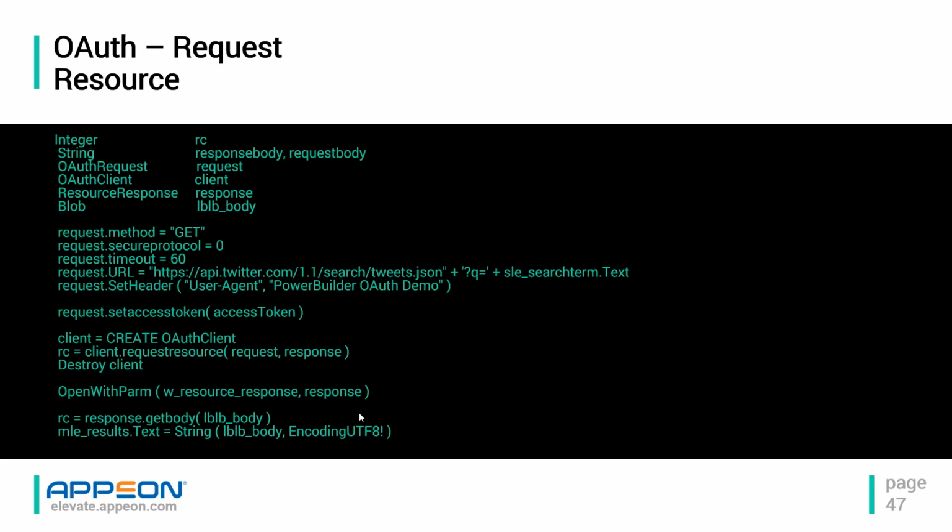So when you convert a blob back to a string, if you don't indicate what the encoding is, PowerBuilder is going to assume that the encoding is UTF-16LE, and it will convert it into a string improperly, and you'll get garbage back. So you need to make sure that when you're converting the blob back from your OAuth request response here, you indicate that it's actually UTF-8 to get back a meaningful response.